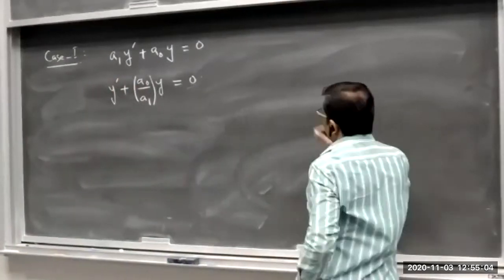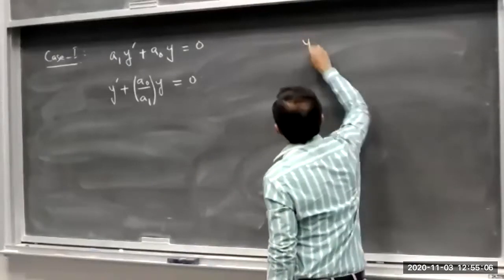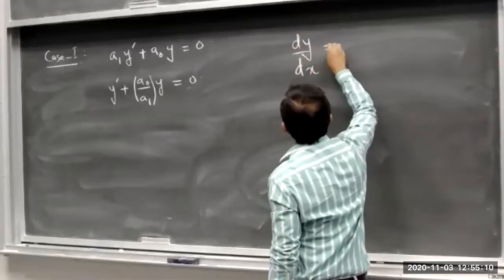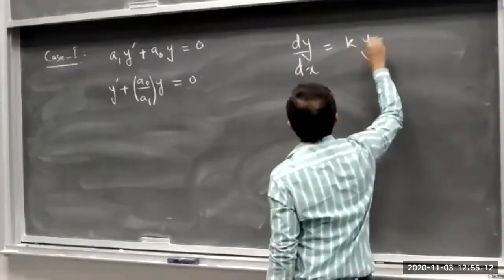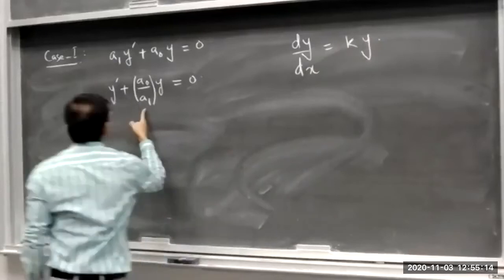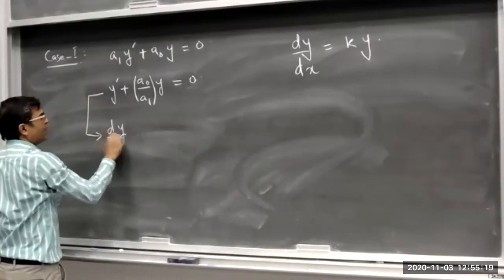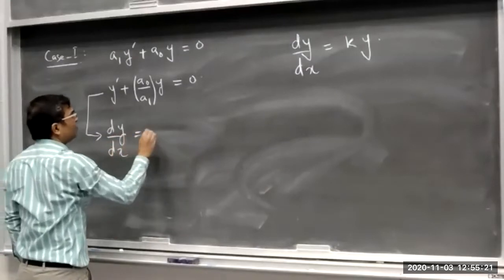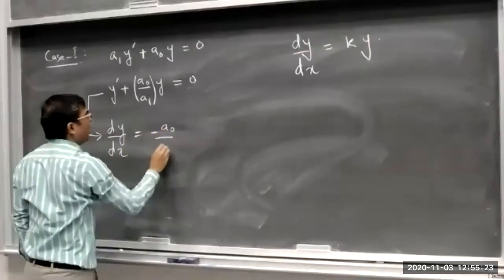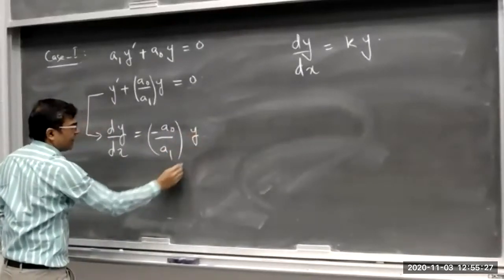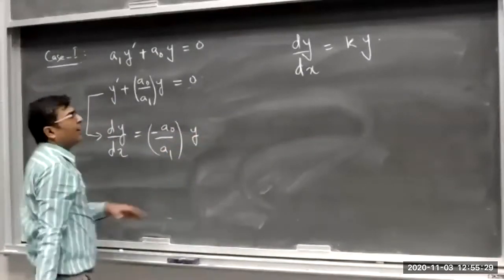And we know that if we have an equation of this form, dy by dx is equal to some constant times y, this is also an equation of the same type. We can write this equation in this form: dy by dx is equal to negative a naught by a1 times y, where this thing you can consider as a constant k.